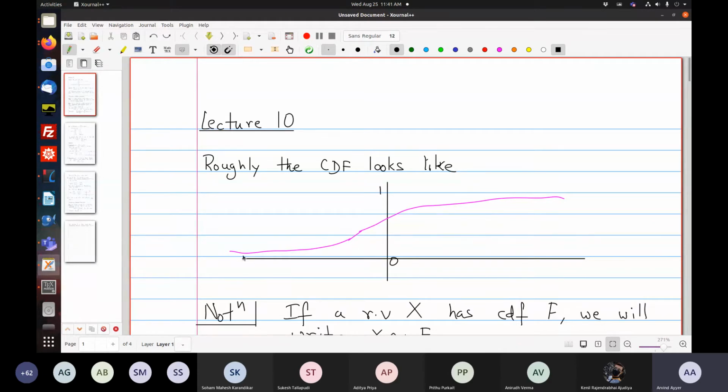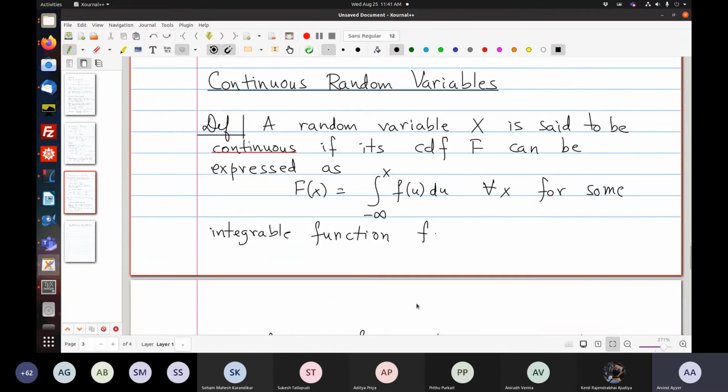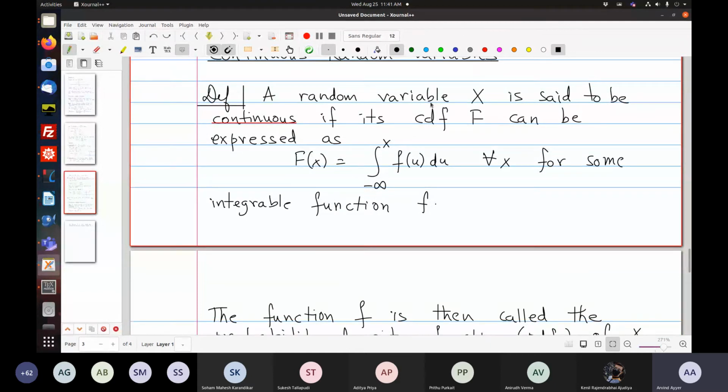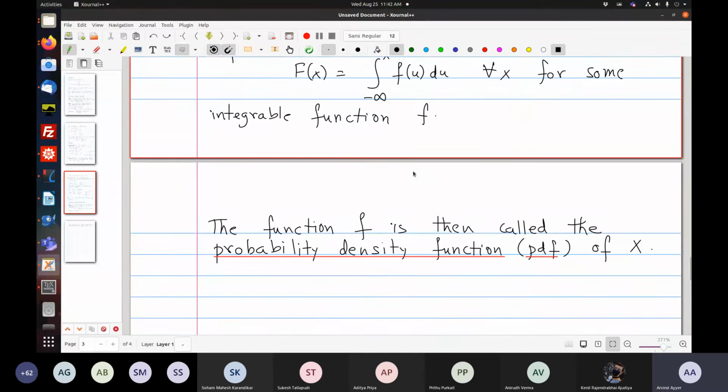But now we are going to have something interesting. Remember what the properties of the CDF are. As I said in the beginning, it starts at 0, ends at 1, and it's weakly increasing, and it's right continuous. So if I can express the CDF of my random variable as an integral of some function, then my random variable is going to be continuous.